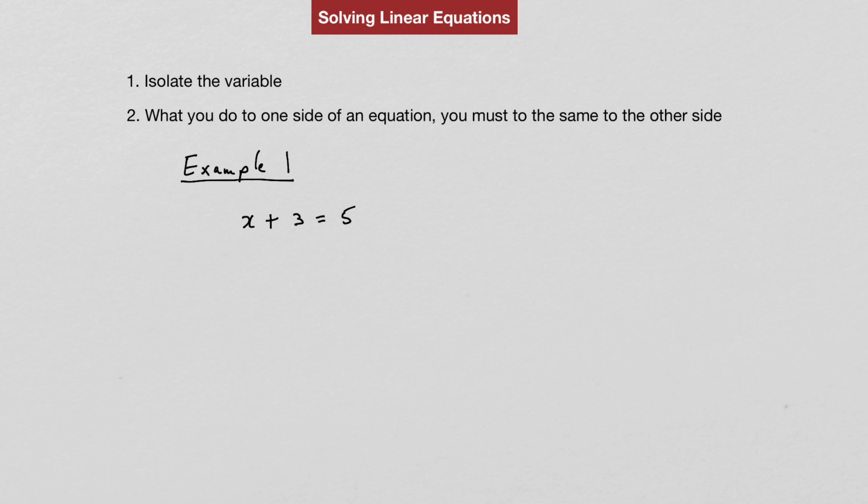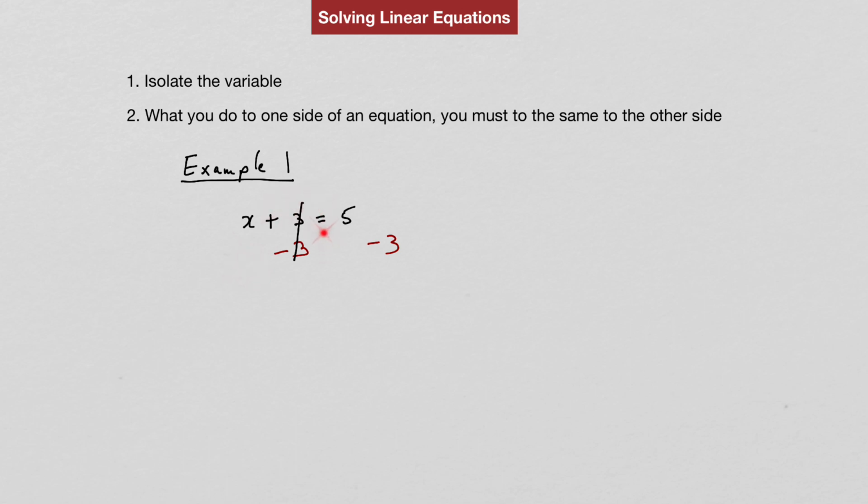So if we were to subtract 3 from this side of the equation, then we must do the same thing to this side of the equation. We're going to subtract 3 on the left side of the equation. We're going to subtract 3 on the right side of the equation. By doing this, we see that these cancel out. 3 minus 3 is 0. So now what we've done is isolated x by itself because there's nothing else on the left side of the equation.